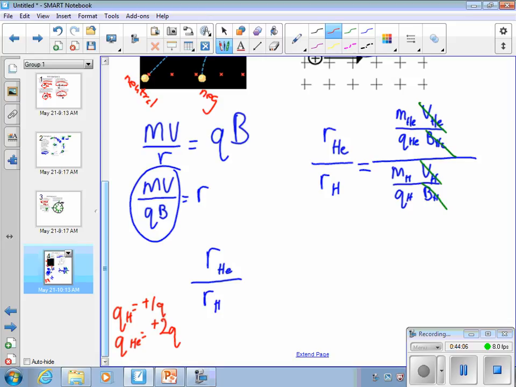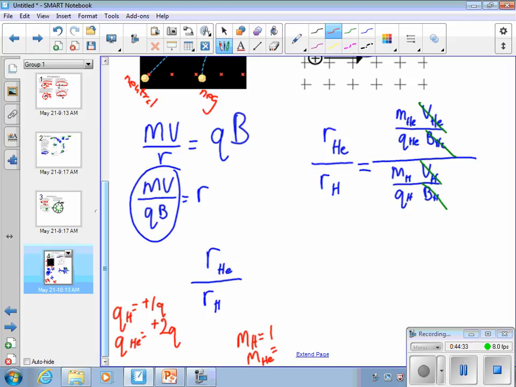How do their masses compare? Are they the same mass? What's hydrogen made of? Just a single proton, right? So the mass of hydrogen is just 1. Okay, 1 proton, but fine. What's the mass of helium? It's got 2 protons. It's also got what?